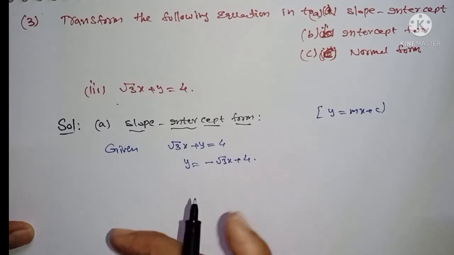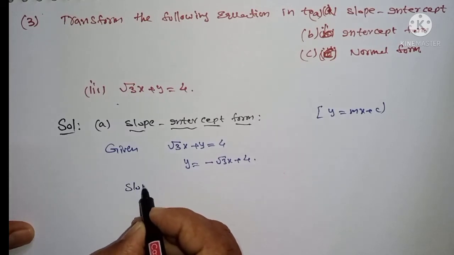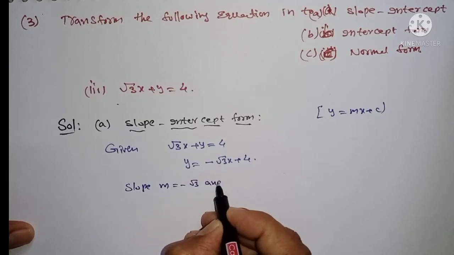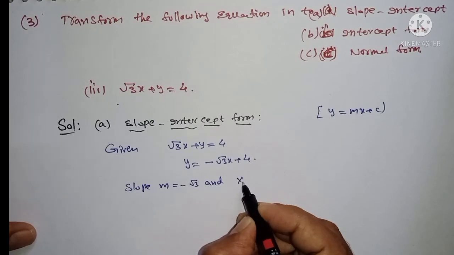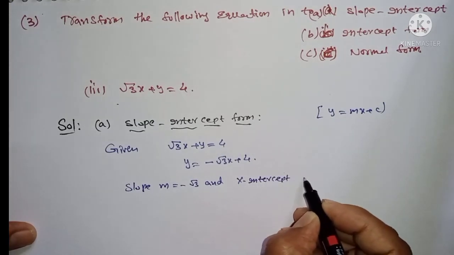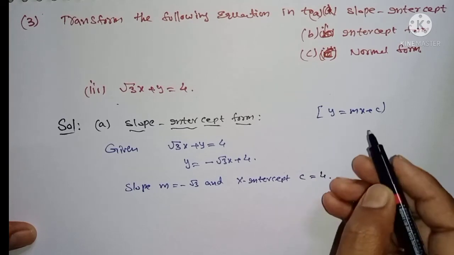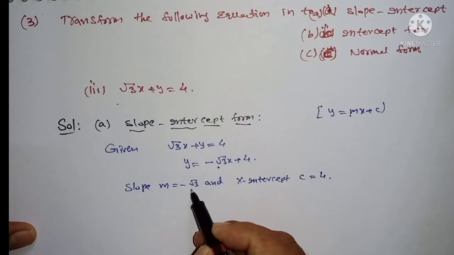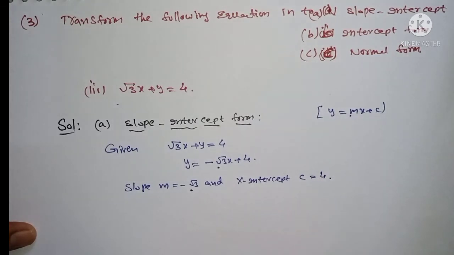Therefore the slope m is equal to minus root 3 and the y intercept c is equal to 4. First is completed.